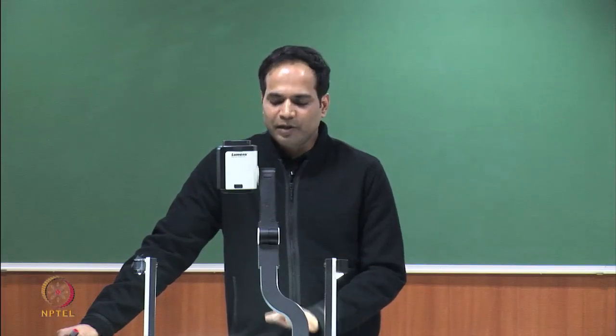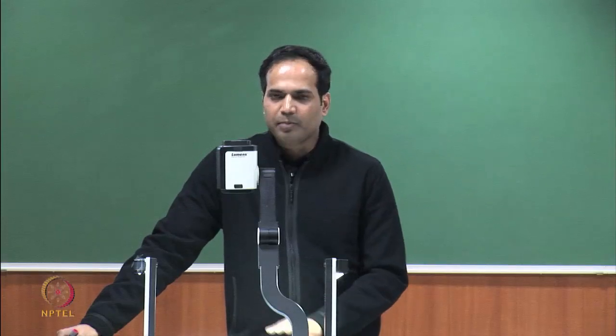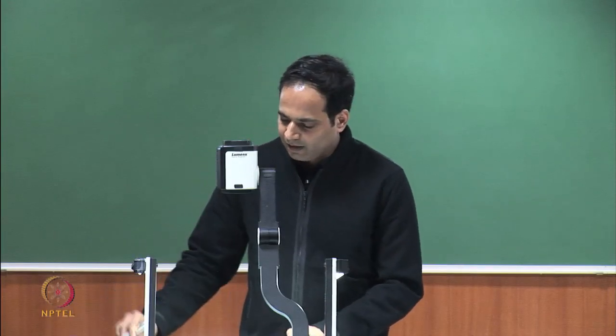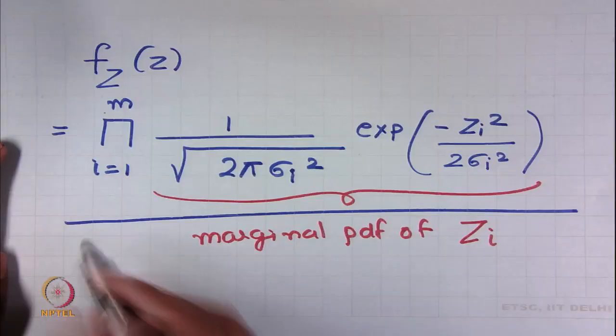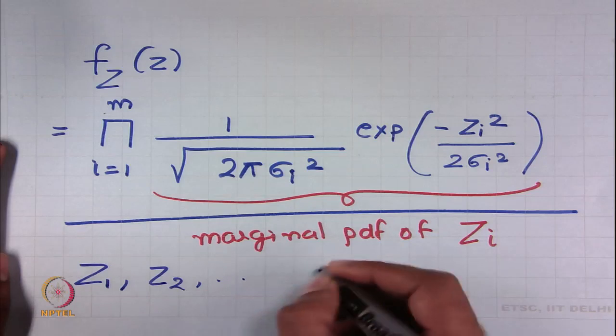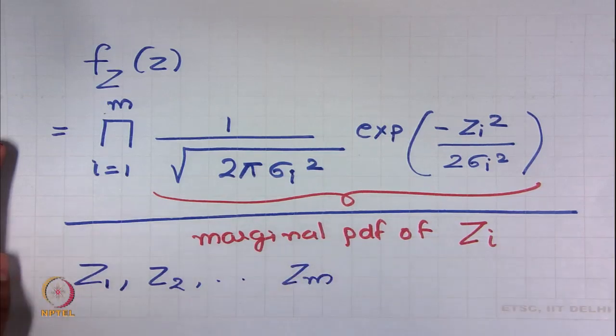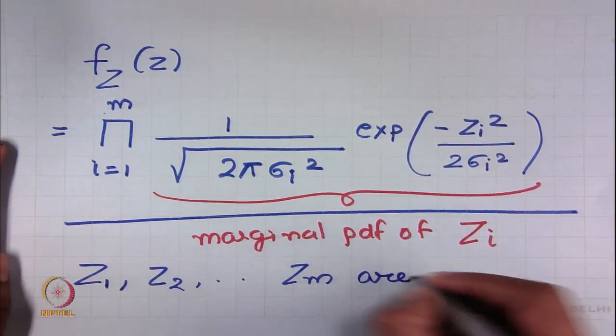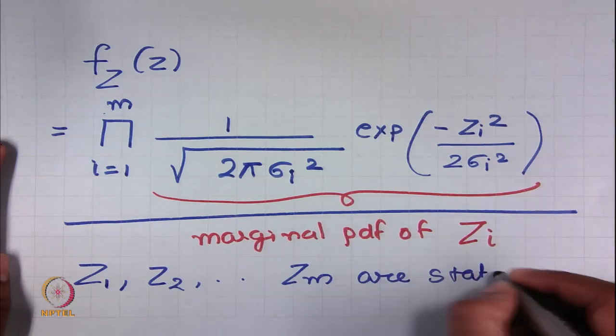And we know when this happens. When is the joint PDF simply the product of the marginal PDFs? This happens when the underlying random variables are statistically independent. Thus we see something beautiful has happened: these random variables are statistically independent. So, we can say that Z1, Z2 and Zm are statistically independent random variables.